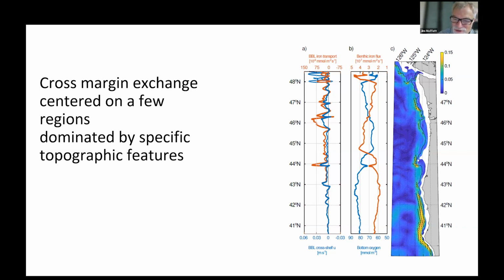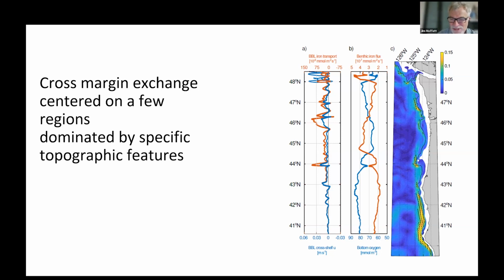And these are driven almost entirely by the interaction of the poleward California undercurrent and specific features of the undersea topography. So if you want to understand fluxes, you really need to work with a modeler right from the get-go so that you know where to conduct your measurement campaign.